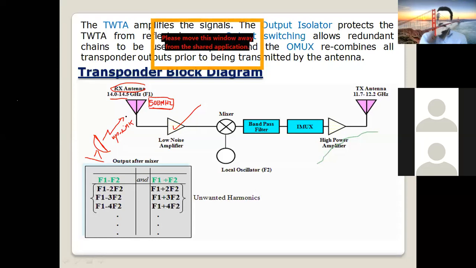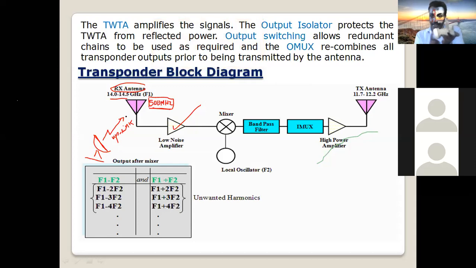We need to amplify this. But when you amplify with this low noise amplifier, all the signal comes from the antenna here. This is a horn antenna. All the signal, very weak signal, including noise, noise plus signal comes here.